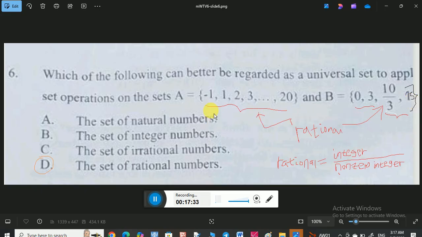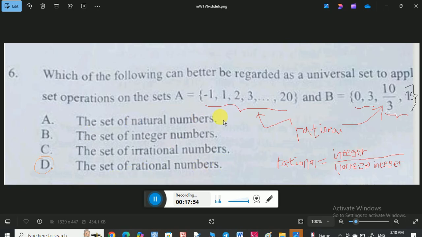So in A and B, at most the numbers we have are rationals. So an appropriate universal set for this discussion is the set of rational numbers.